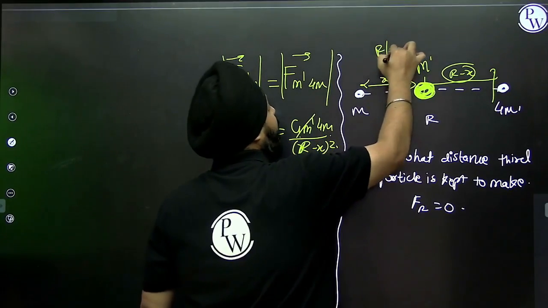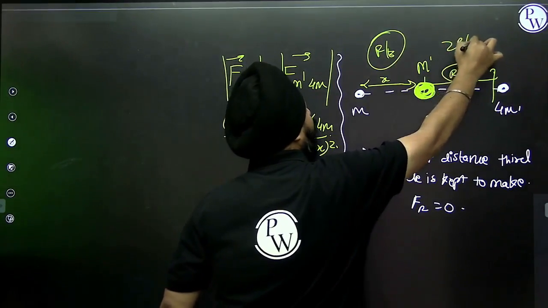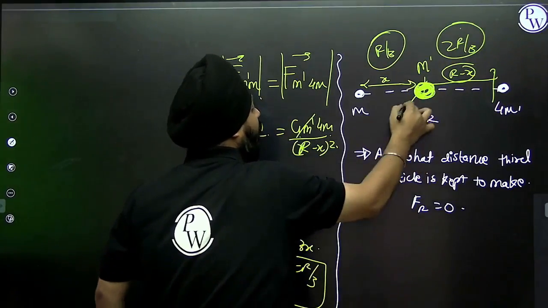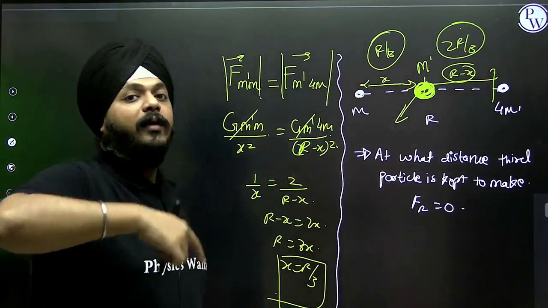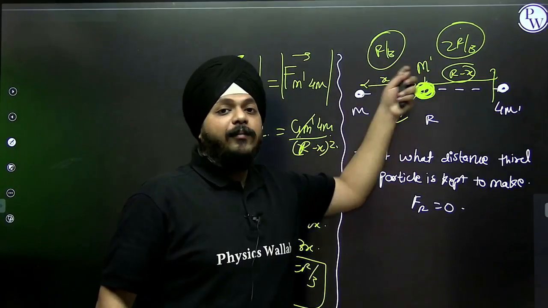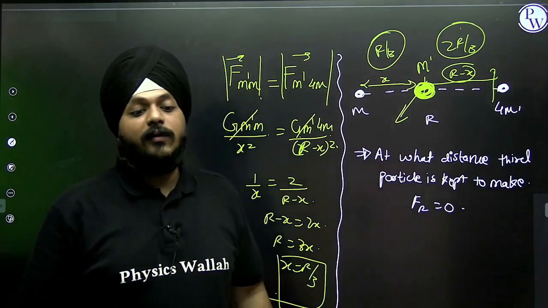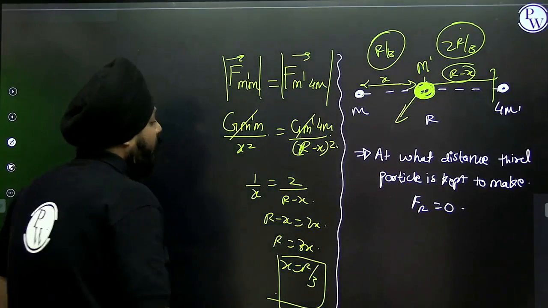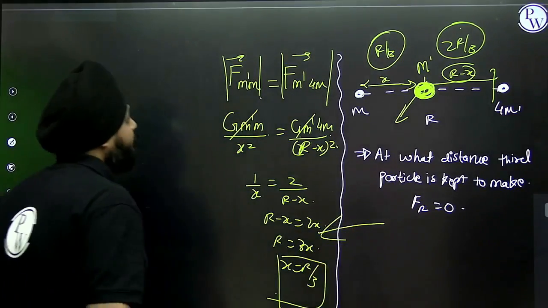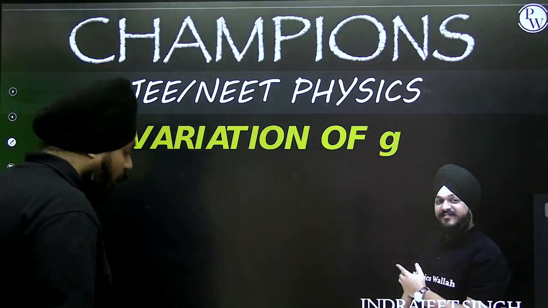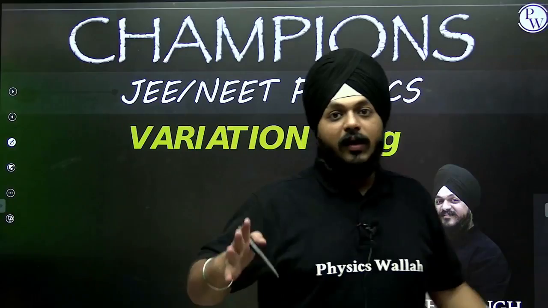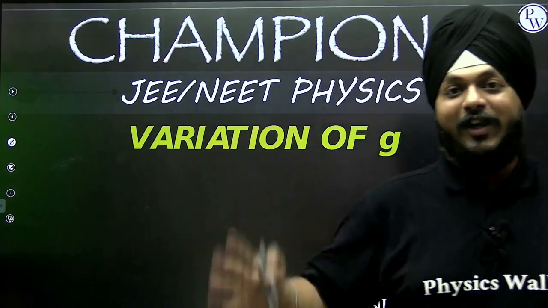From m at r by 3 distance and from 4M at 2r by 3 distance, if we keep the m dash particle at that point, then the resultant force is going to be 0. So this is all about Newton's law of gravitation.